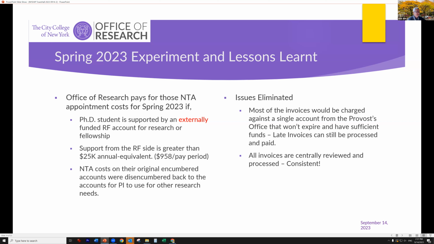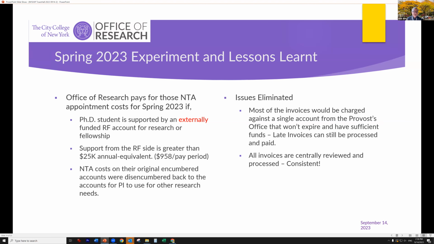Therefore, we disencumber those original RF accounts or PI individual accounts, and put all the burden on a single Provost account. Those who can benefit from this support are students whom faculty are appointing for more than 25K in addition to the NYSHIP appointment on the RF payroll, or support of fellowship more than 425K.